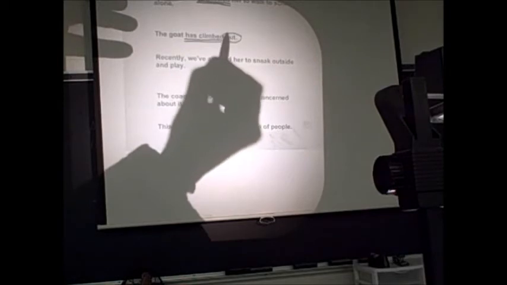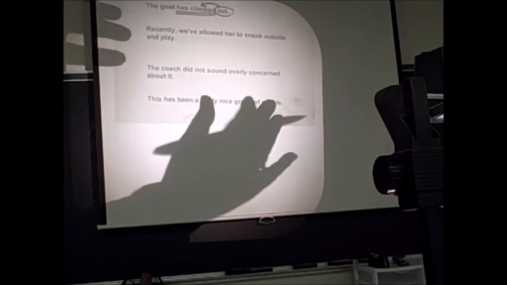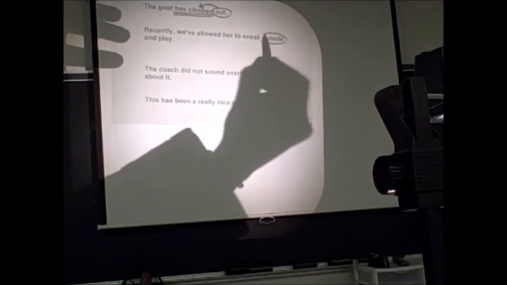It's an adverb telling us where the goat climbed. Okay, recently we've allowed her to sneak outside and play. What word answers the question where? Well, the only one I see is outside.